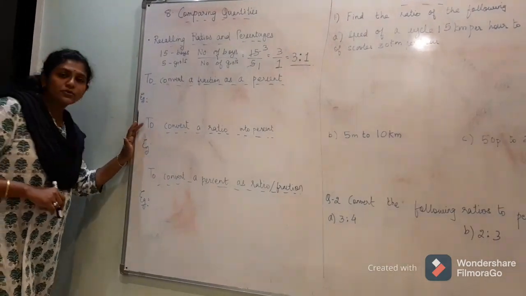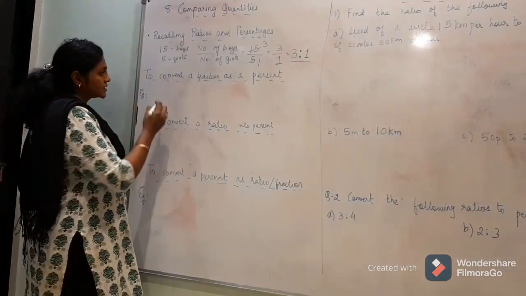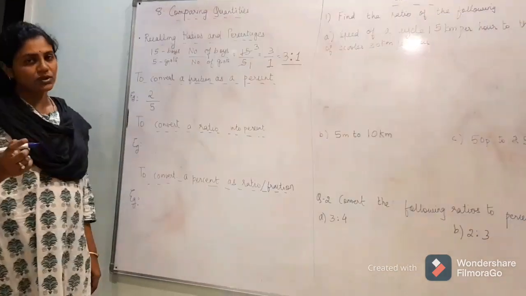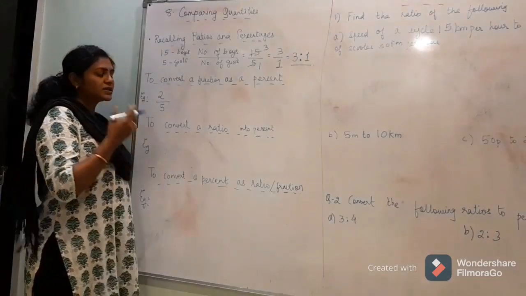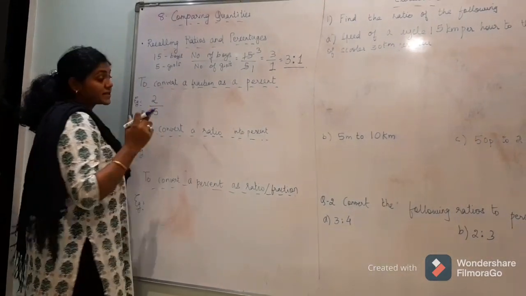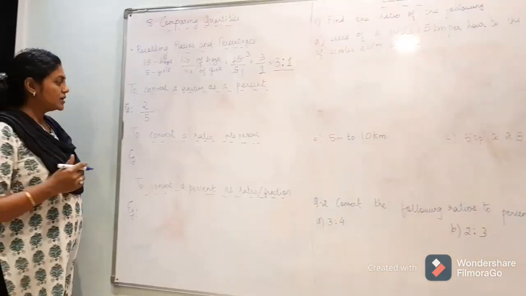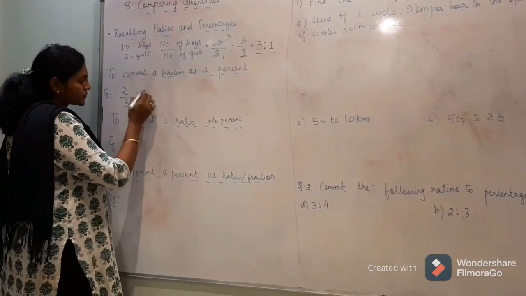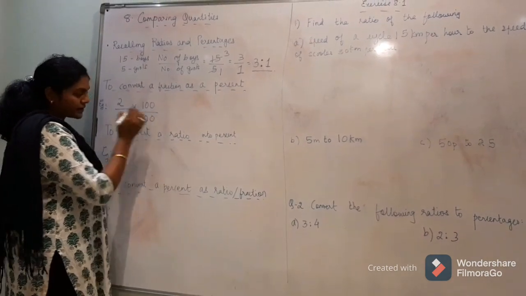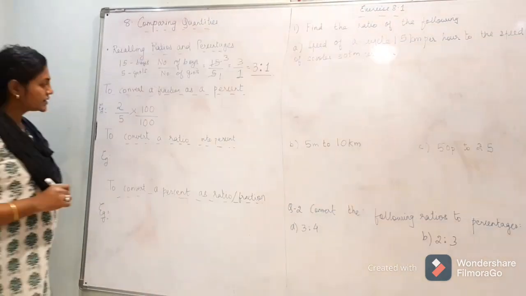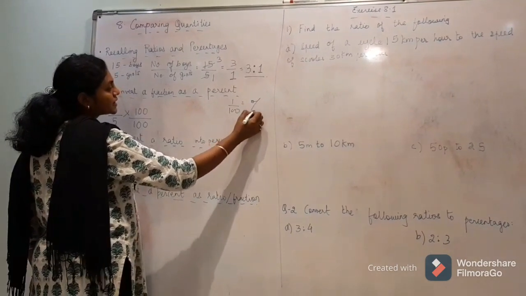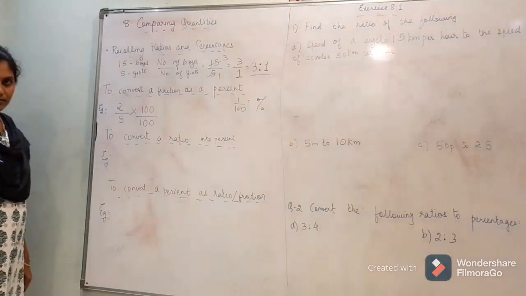Now you have to convert, suppose the fraction is given, 2 by 5 या 2:5, कैसा भी बोलो आप. तो आपको इसको परसेंटेज में कन्वर्ट करना है. तो हाउ यू विल डू? नाउ इफ आई मल्टीप्लाई एंड डिवाइड बाय 100, राइट? नाउ 1 by 100 is equal to 1%.